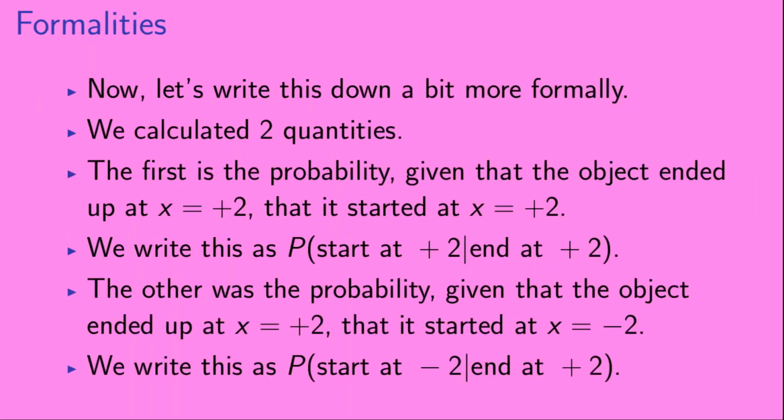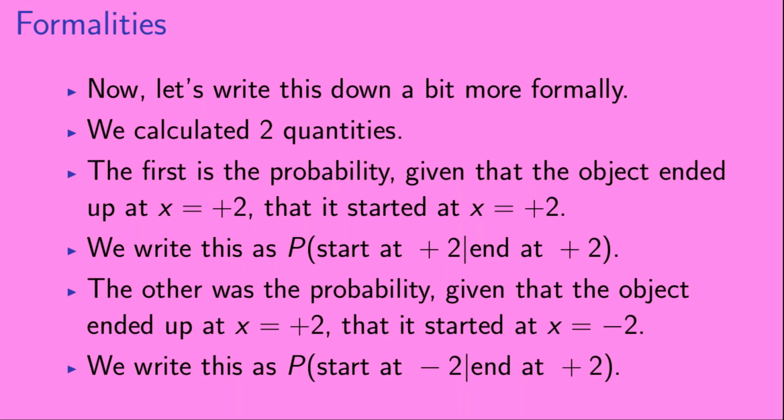Okay, so now let's write this down a bit more formally. We calculated two quantities. The first is the probability, given that the object ended up at x equals plus 2, that it started at x equals plus 2. We write this as P of start at plus 2 given end at plus 2.